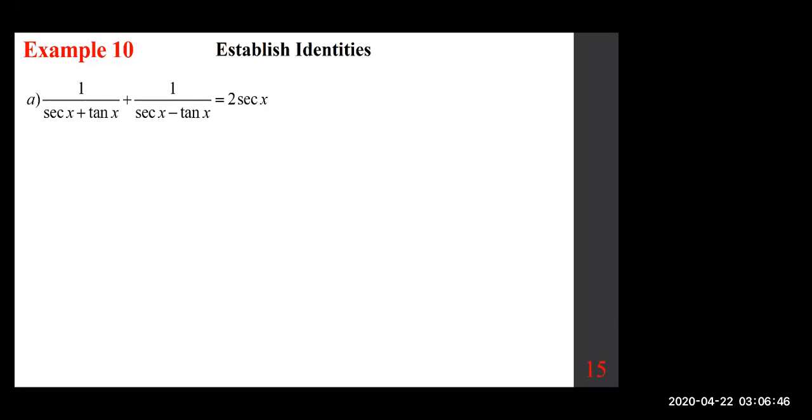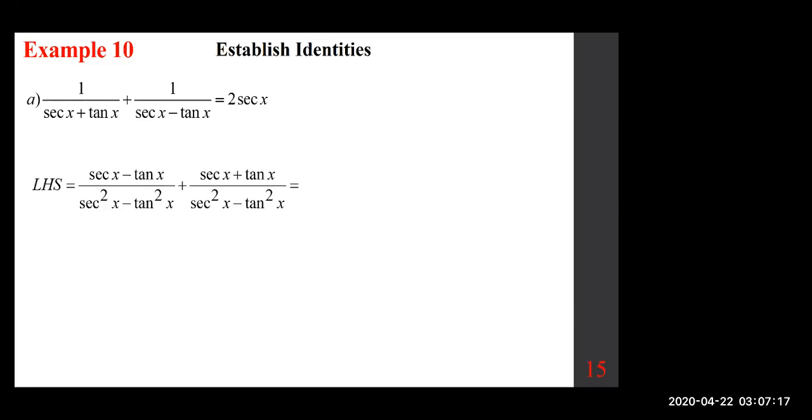So let's see what happens when we do that. The common denominator is secant x plus tan x times secant x minus tan x, which is secant squared minus tan squared. And so we have 1 times secant x minus tan x plus 1 times secant x plus tan x. That sounds good?